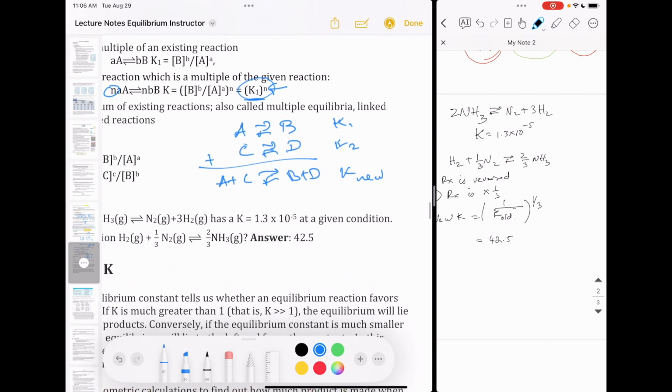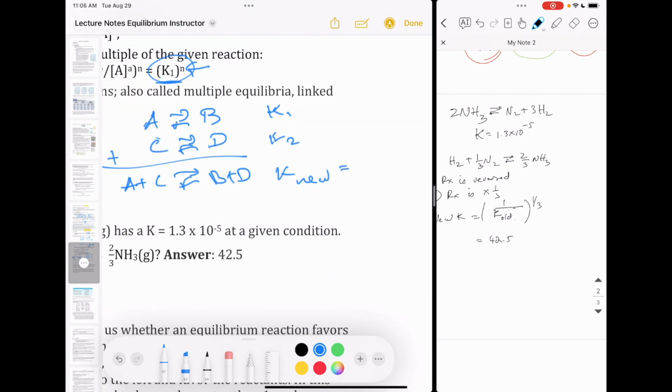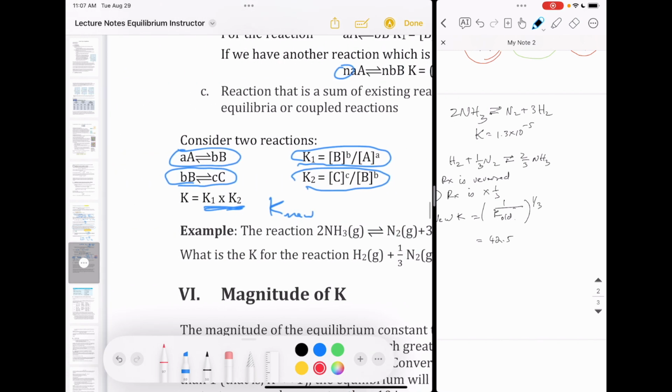K3, let's say, or K new. Well, here the new K would just be B times D over A times C. But B over A, this one is K1. And then D over C, that's K2. So it's just the same as K1 times K2. So you can apply this any time you add reactions together. The new K is just the product, the multiplication, of all the existing K.